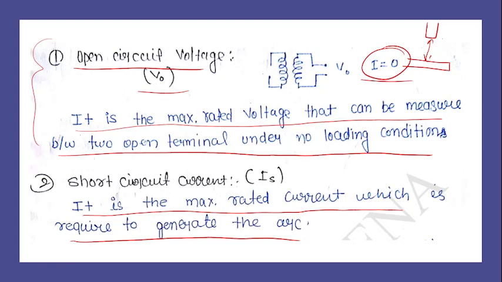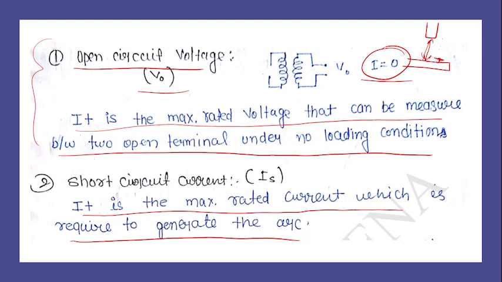See, this is called the maximum rated current. Your short circuit current that I told you: when you reduce the distance to some length, at some distance, one arc will be generated. That we have seen, how the arc is generated. So the current that will be flowing will be the maximum rated current.